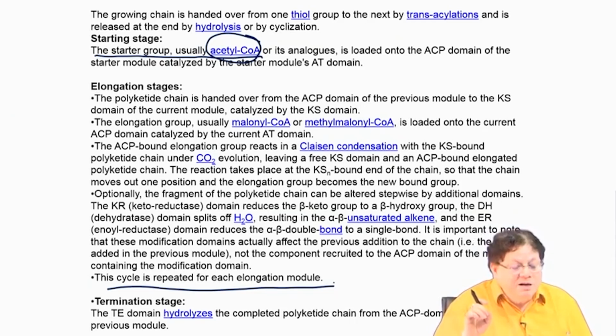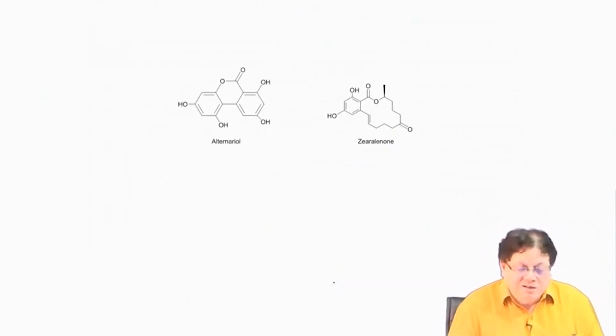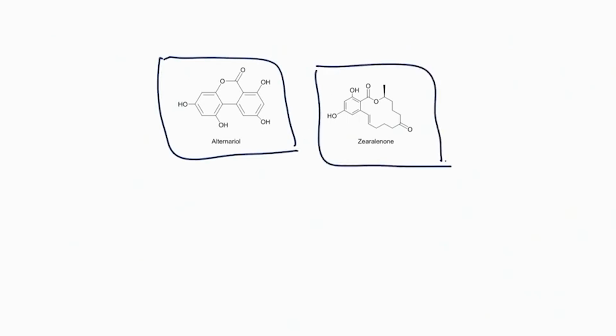Okay. So, now let us do some exercise, that retro biosynthesis. You know what is retrosynthesis. Now, this is what is called retro biosynthesis. Now, these are the two polyketides that are natural products and they are biologically quite active.